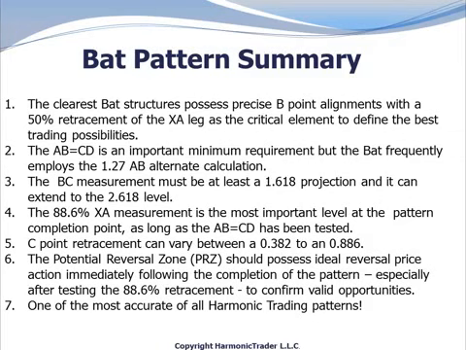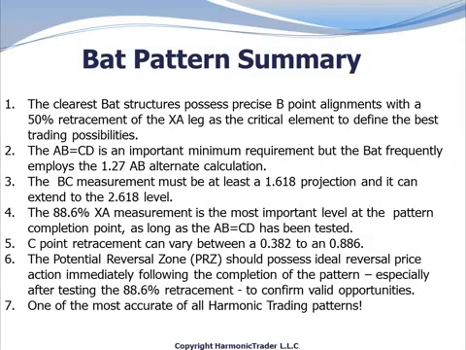The AB equals CD is an important minimum requirement, but the bat frequently employs that alternate 1.27 AB equals CD calculation, or sometimes even the 1.618 AB equals CD alternate calculation. The BC measurement must be at least a 1.618 projection, but it can extend to as far as the 2.618.